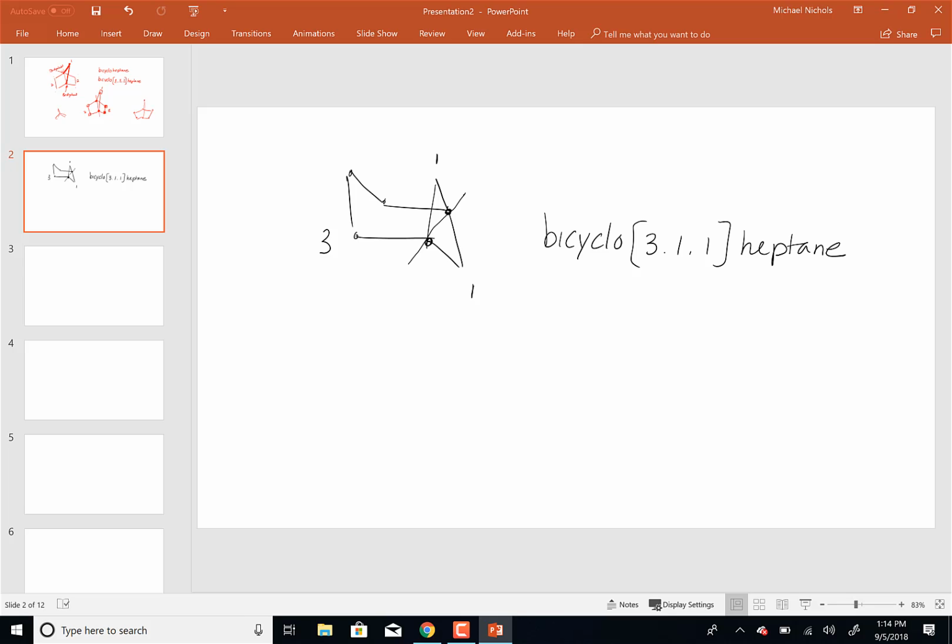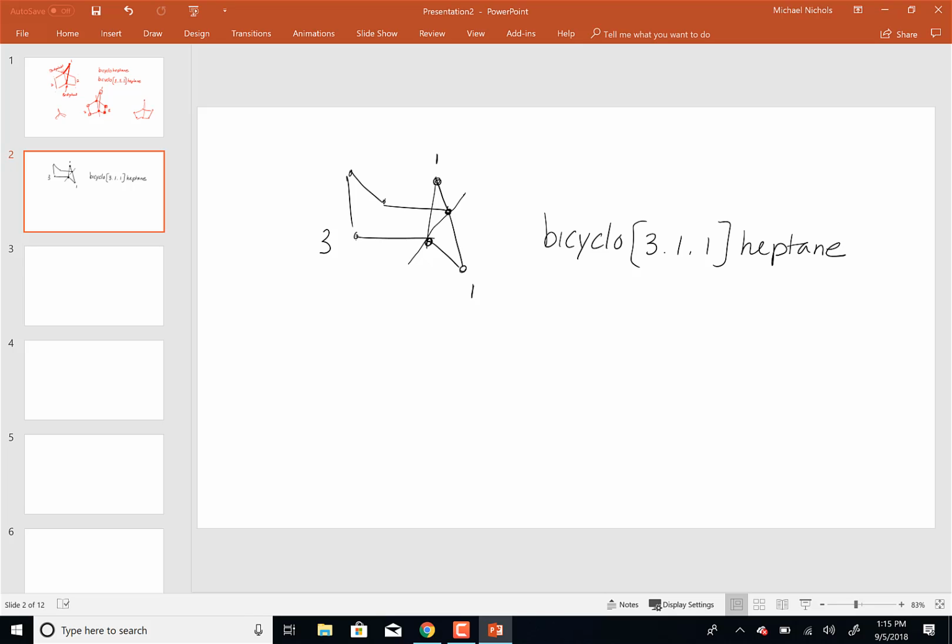How can you count the other one? Which other one? The other side. So I counted this side: this propeller has 1 carbon, that propeller has 1 carbon, and then this propeller has 1, 2, 3. So that's where the 3, 1, 1 is.